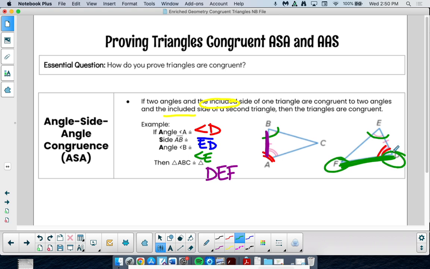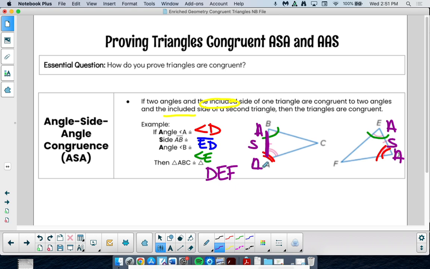Those are the two angles I know stuff about. It's this one and this one. So this is not the included side. This one is. That's why it's angle side angle. So if you label angle marking, side marking, angle marking, that's angle side angle.